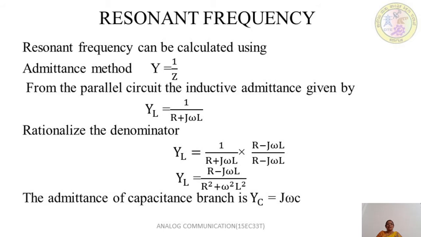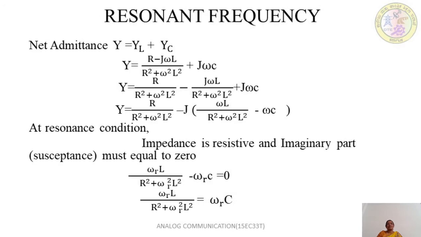Similarly, the admittance of the capacitor branch, YC is equal to j omega C, because ZC is equal to 1 by j omega C. Net admittance, that is total admittance, Y is equal to YL plus YC.